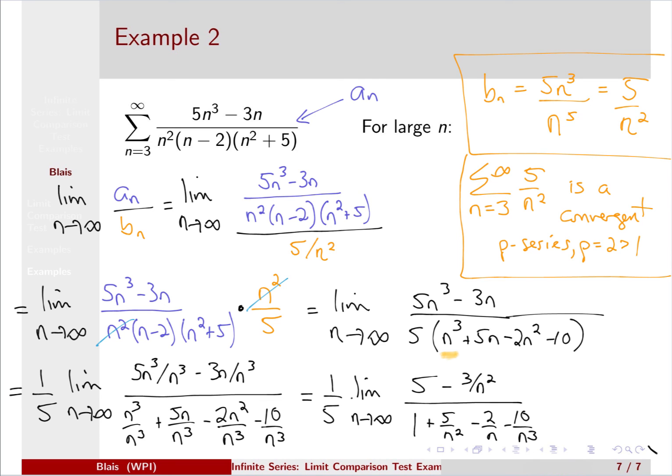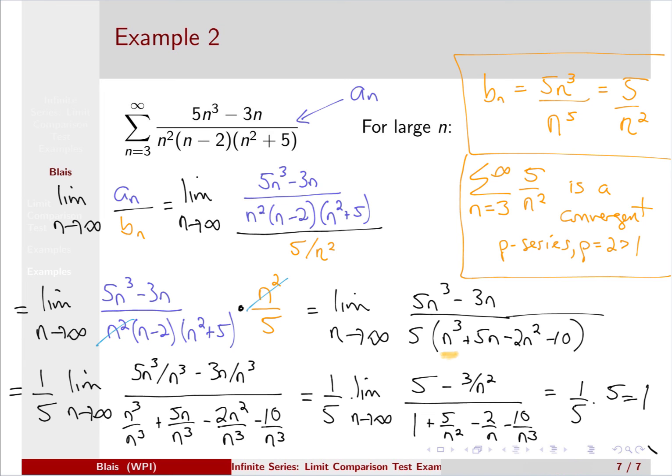And then a direct application of the limit laws. The limit of the quotient is the quotient of the limits. And then the sum of the limits is the limit of the sum. This results in each one of these terms with an n term in the denominator going to 0. And this whole thing becomes 1/5 times this limit of 5, or 1.